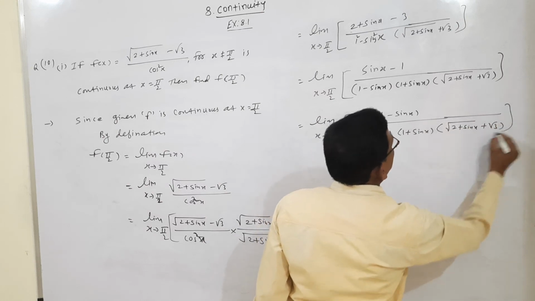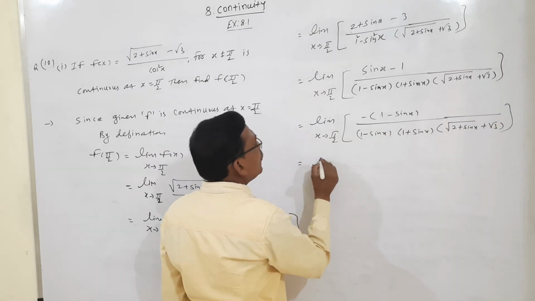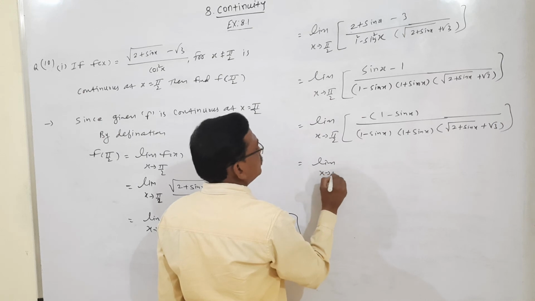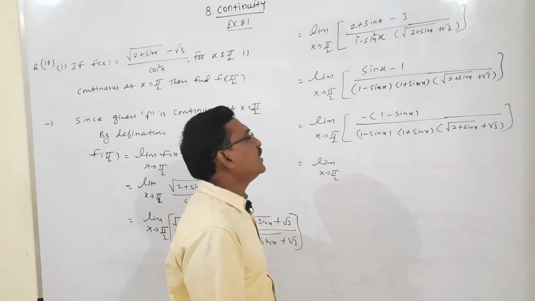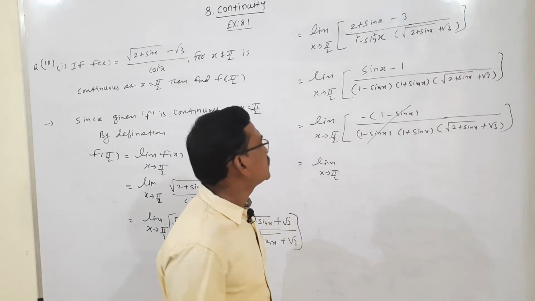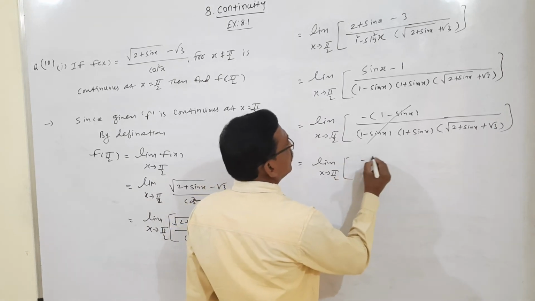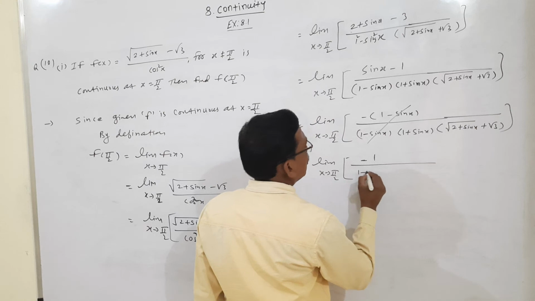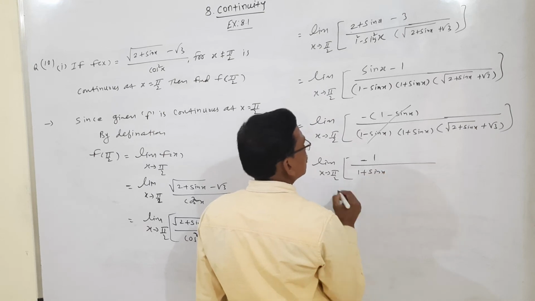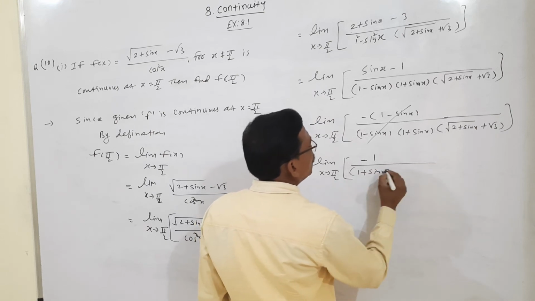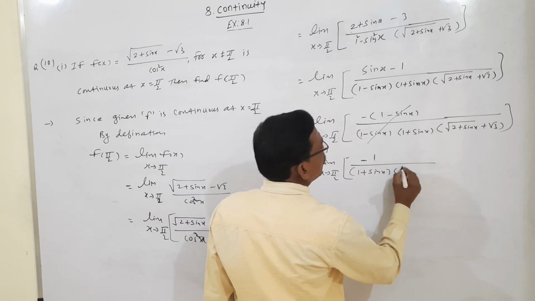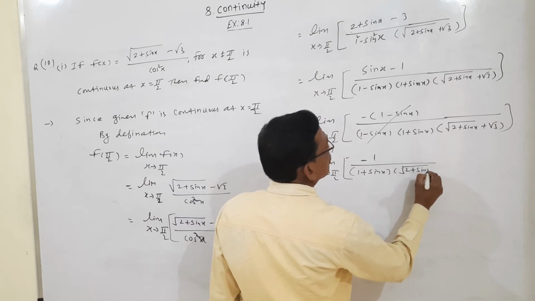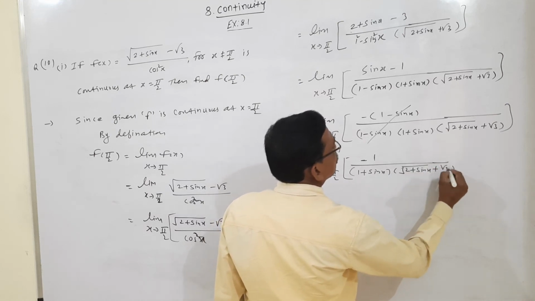Now the common factor will get cancelled here. So it is only minus 1 divided by 1 plus sin x into under root 2 plus sin x plus root 3.